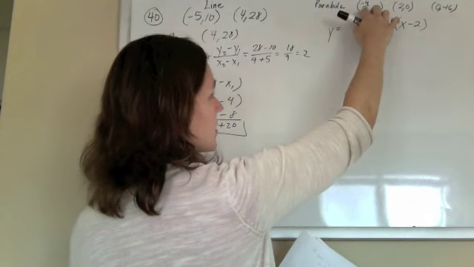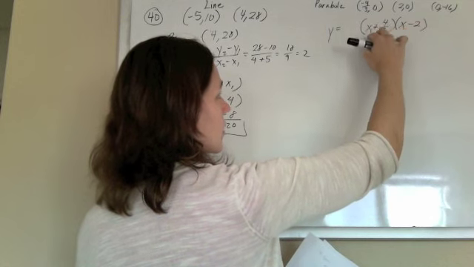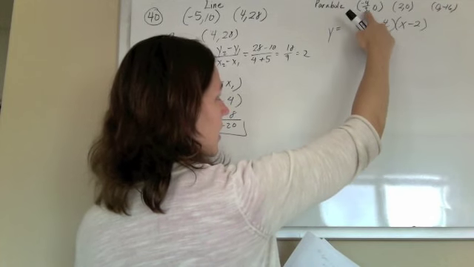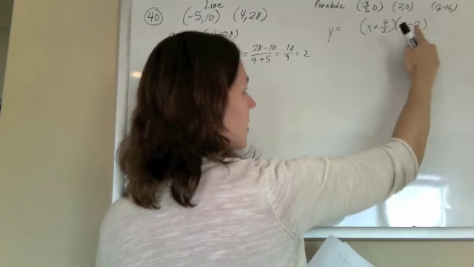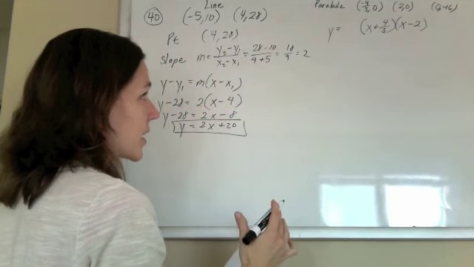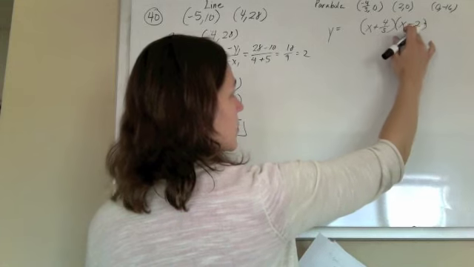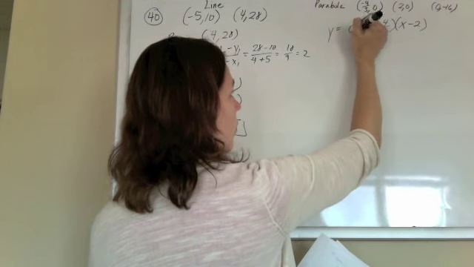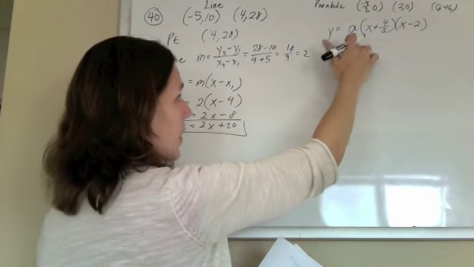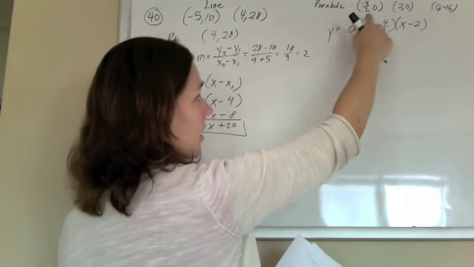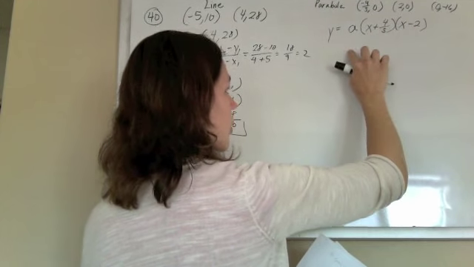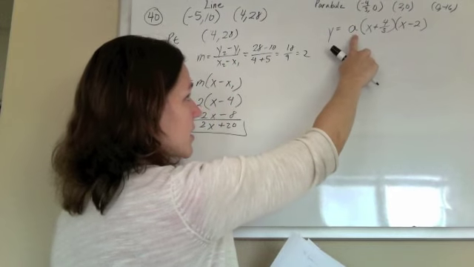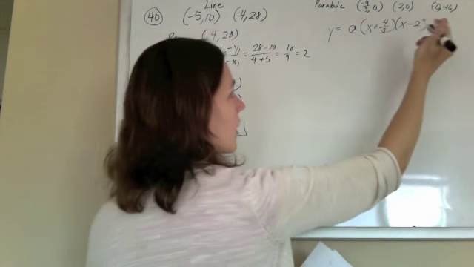If these are zeros, then -4/3 would make that thing 0, 2 would make that 0. And these will be factors no matter what constant I multiply by. I can multiply this by anything, and -4/3 would still make that 0, and 2 would still make that 0. So I just need to figure out what this constant is to lock it into place.